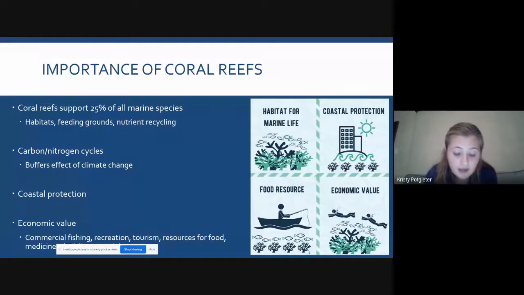This could be in the form of food resources, income from fishing, coastal protection, building materials, and income from tourism as well. It's estimated that coral reef tourism alone can generate on average 35.8 billion US dollars globally every year. So they're a really important ecosystem, not only environmentally, but economically as well.